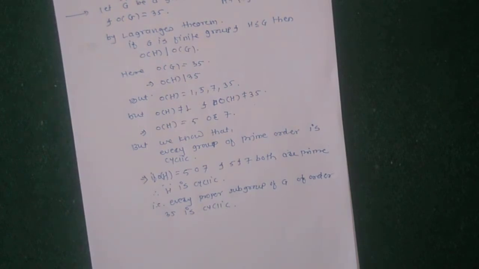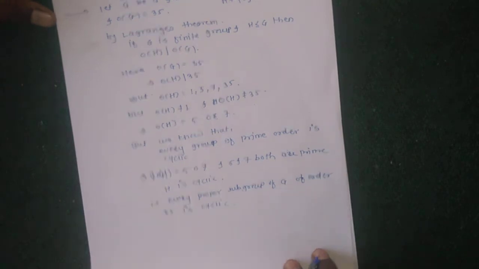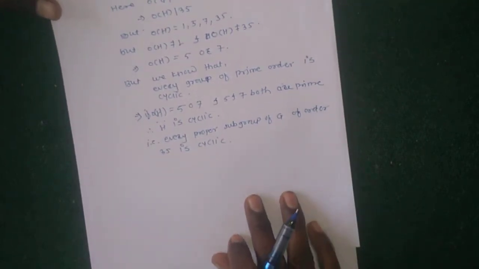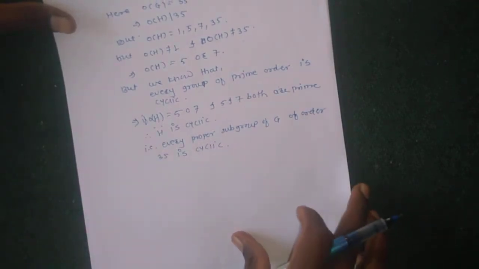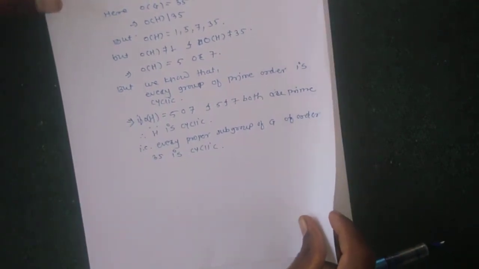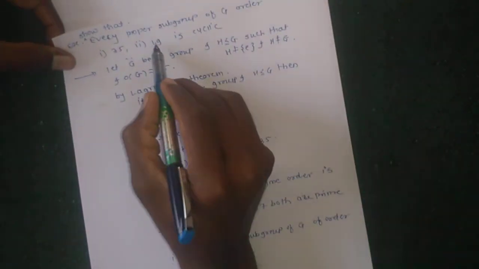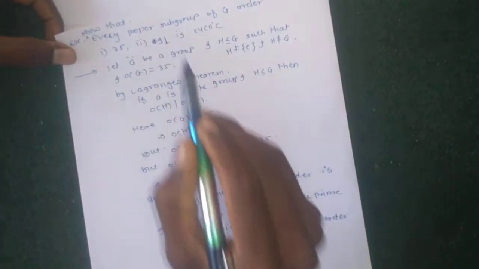So we only use Lagrange's theorem and one result: every group of prime order is cyclic. The solution of this example depends only on these two results. Similarly, the second one, group of order 19, is left as homework. Actually this order is not 19, it is order 91.